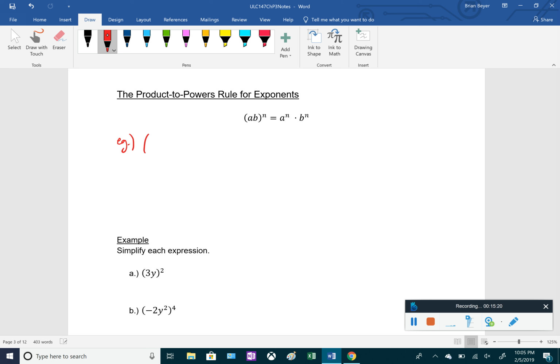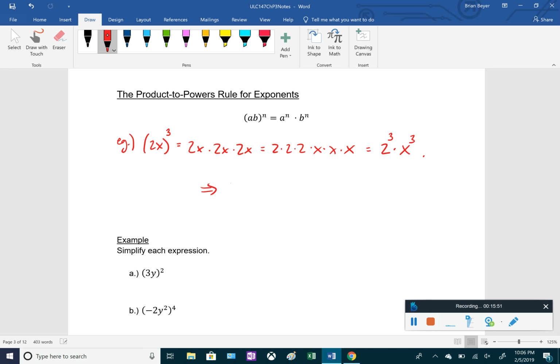So let's get an idea of why again. So let's say we have 2x cubed. We know that this is 2x times 2x times 2x. We can rearrange this thanks to our commutative and associative properties. 2 times 2 times 2 times x times x times x, which we can see is now 2 cubed times x cubed.